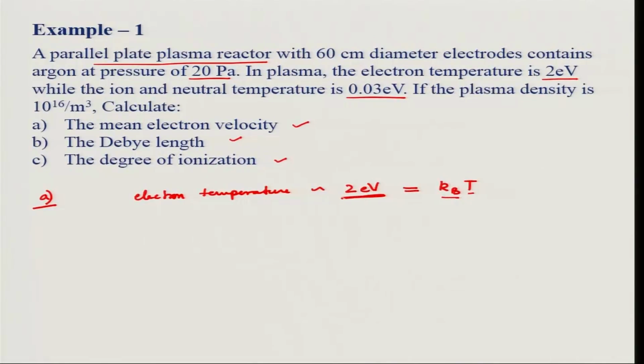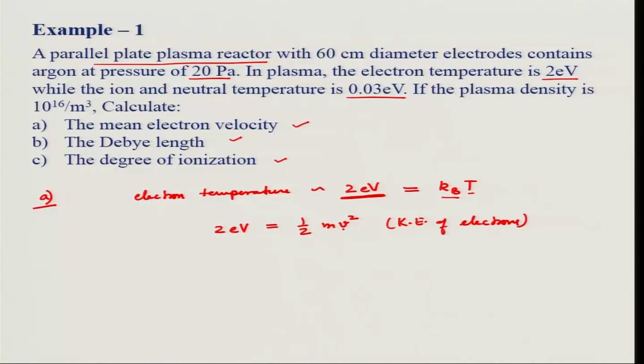So, this is essentially the energy of the electrons. If this is the average energy of the electrons, then this will be due to their kinetic energy. So, this energy will be equal to half m v square, the kinetic energy of electrons.